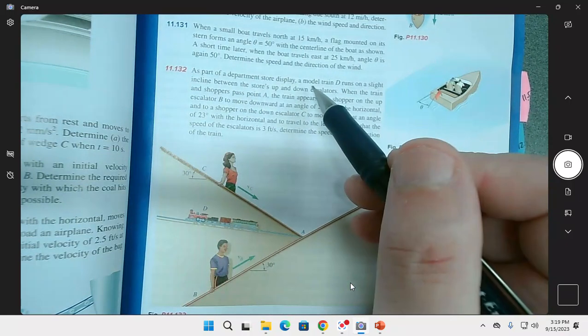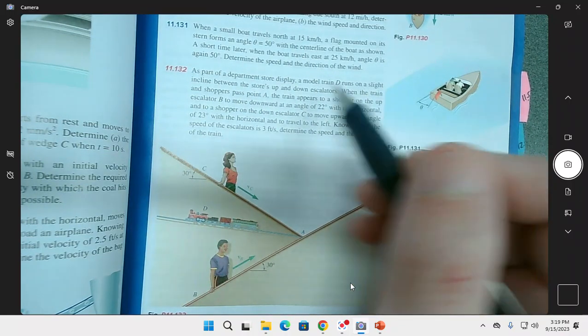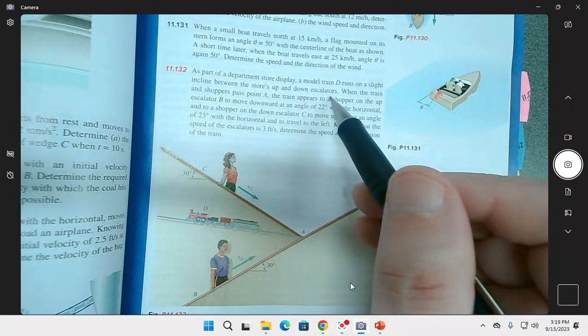As part of the display, a model train D runs on a slight incline between the store's up and down escalators.